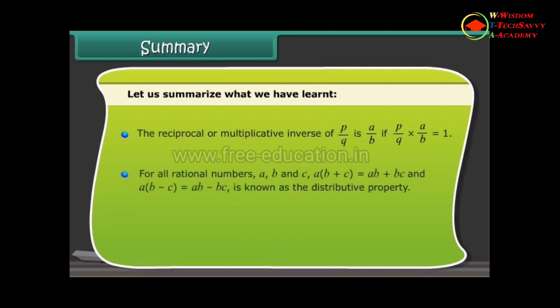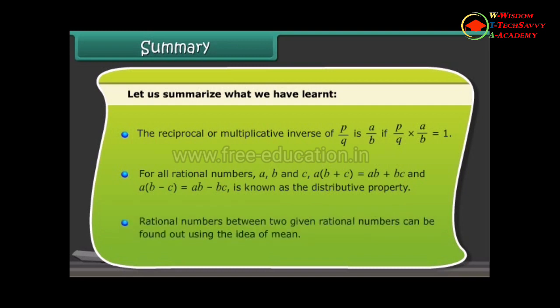For all rational numbers A, B and C, A into (B plus C) is equal to AB plus AC and A into (B minus C) is equal to AB minus AC, which is known as the distributive property. Rational numbers between two given rational numbers can be found using the idea of mean.